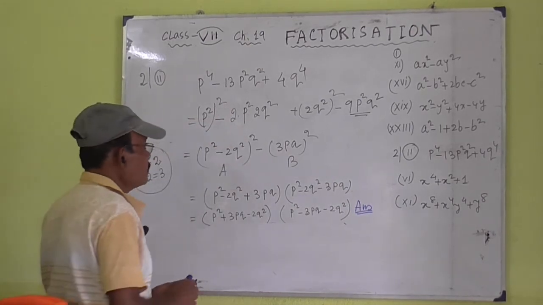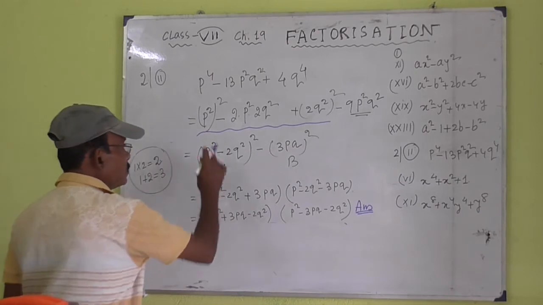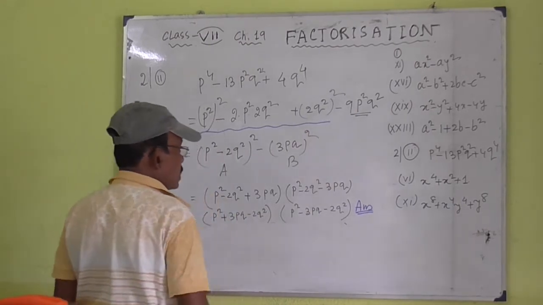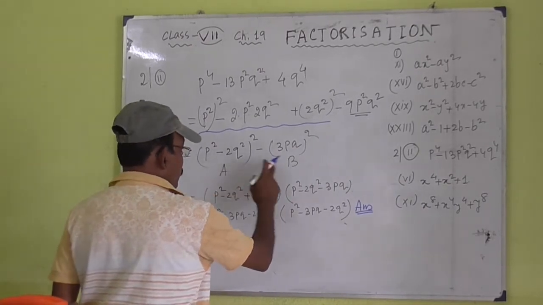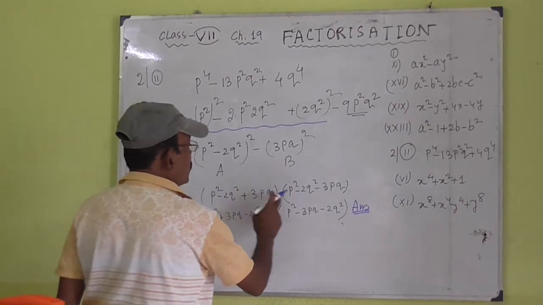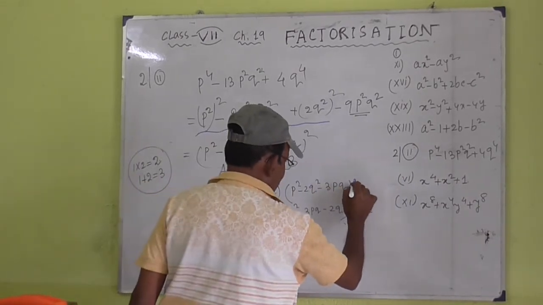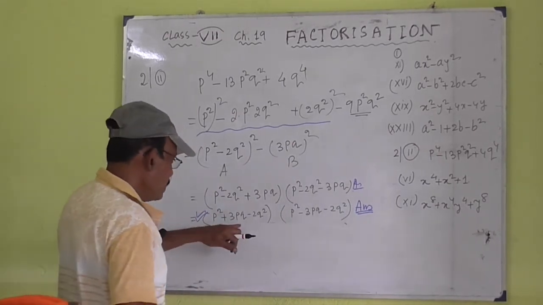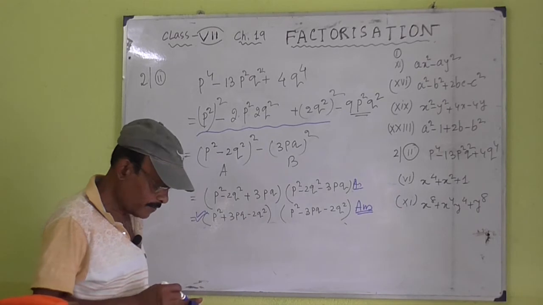But this belongs to the formula of a minus b whole square, and it is simple to say that minus 3 p square q square. So, it will be the form of a square minus b square. Now, p square minus 2q square plus 3pq and p square minus 2q square minus 3pq. This is the answer. Here, this step being arranged is not necessary. This is the answer. Okay.